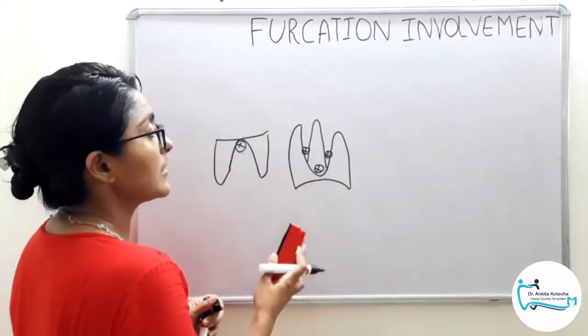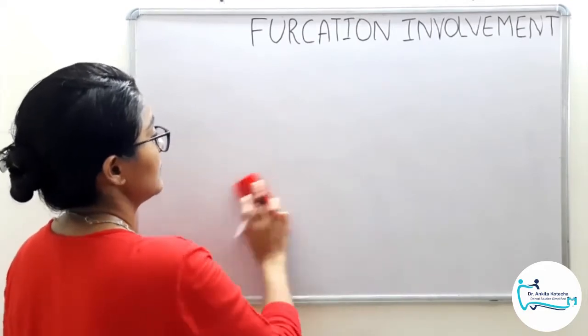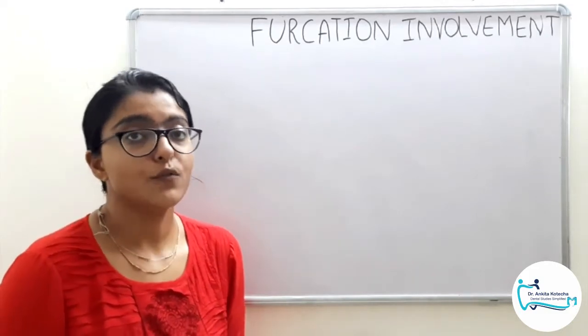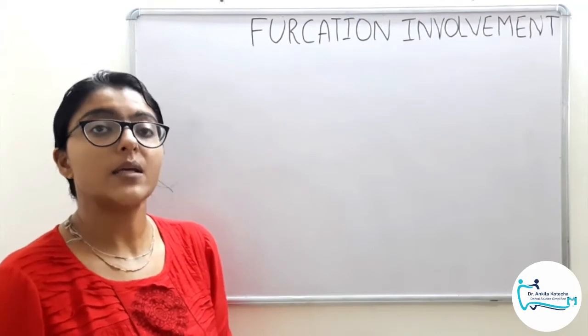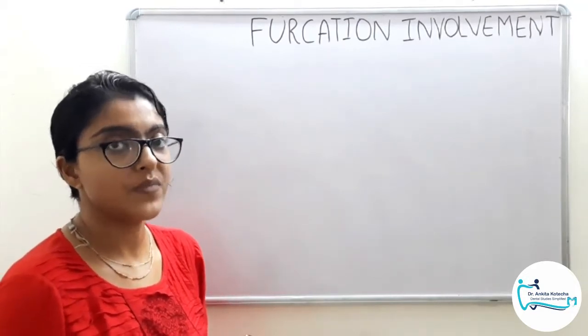So now that we understand what is a furcation, now we will discuss how to assess furcation. There are various classifications available for furcation involvement, but the most commonly utilized and implemented is given by Glickman in the year 1953.